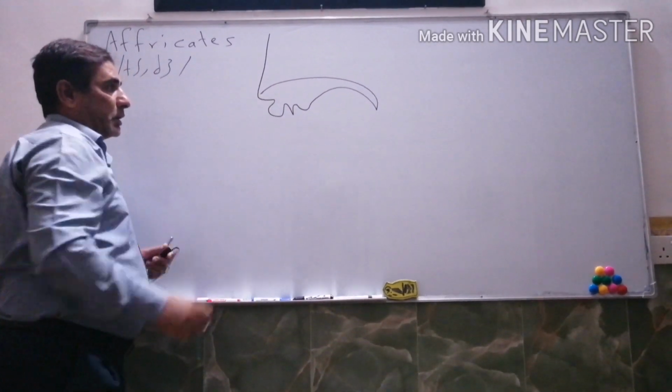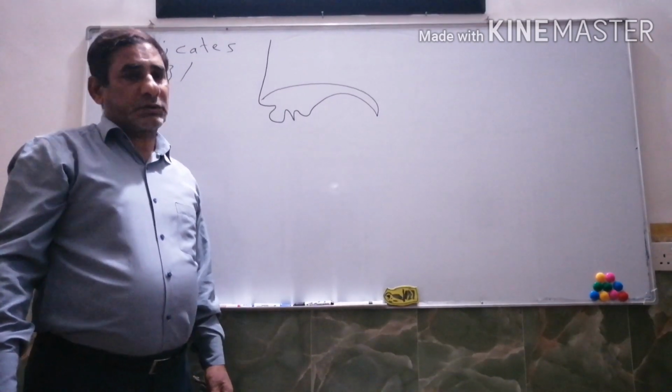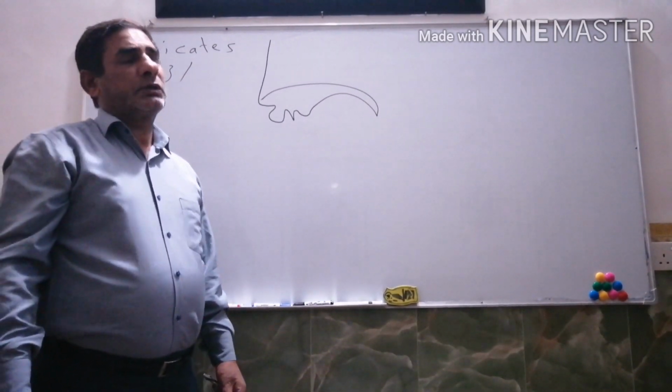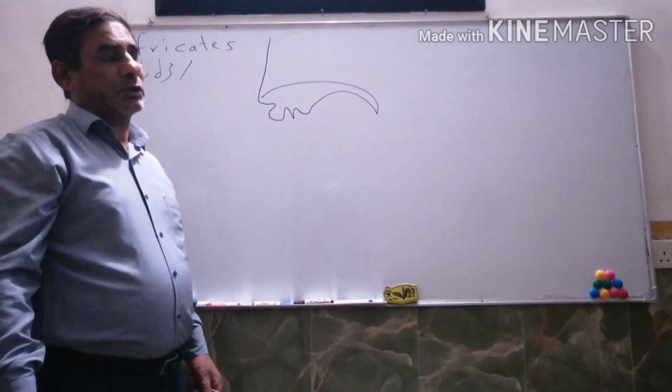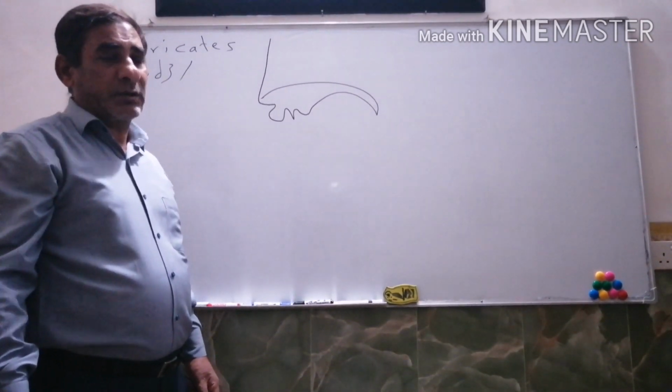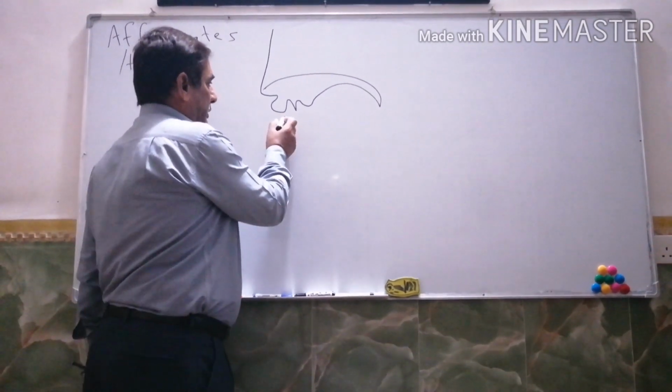Now, as I have just said, the first point says the tongue tip, or the tip of the tongue, touches the back part of the alveolar ridge, and also at the same time the soft palate is raised. So we draw it this way.